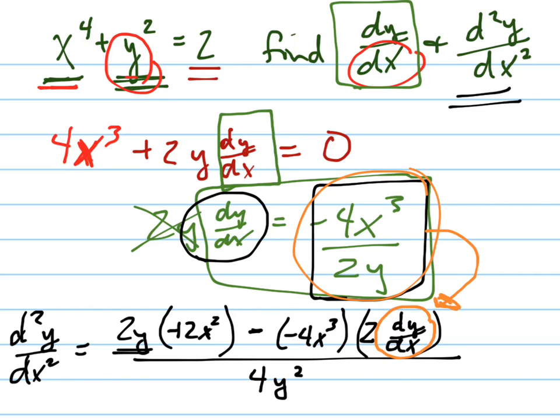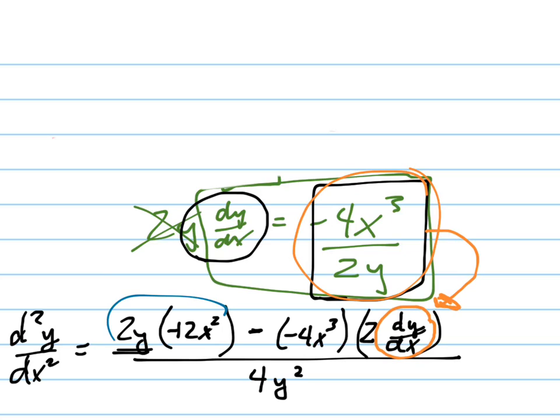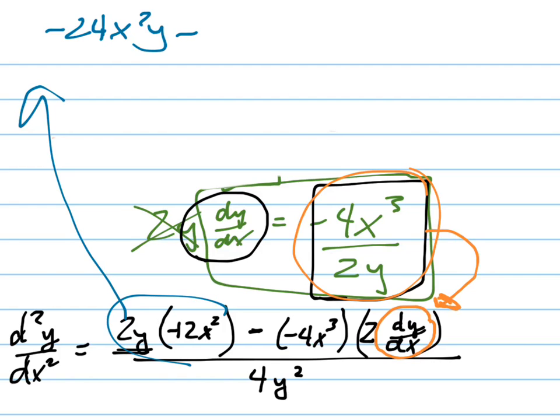So let me do that up here. Putting all of this up here, it's going to be negative 24x squared y plus 8. Actually, gotta be careful. Oh, you know what? I'm an idiot. I should have just canceled this out at the very beginning, the 4 and the 2.